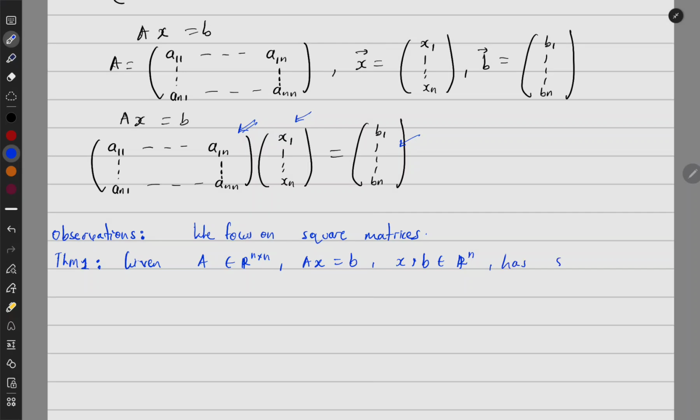The system Ax = b has a solution and it's unique if and only if there exists x in R^n such that Ax = b.